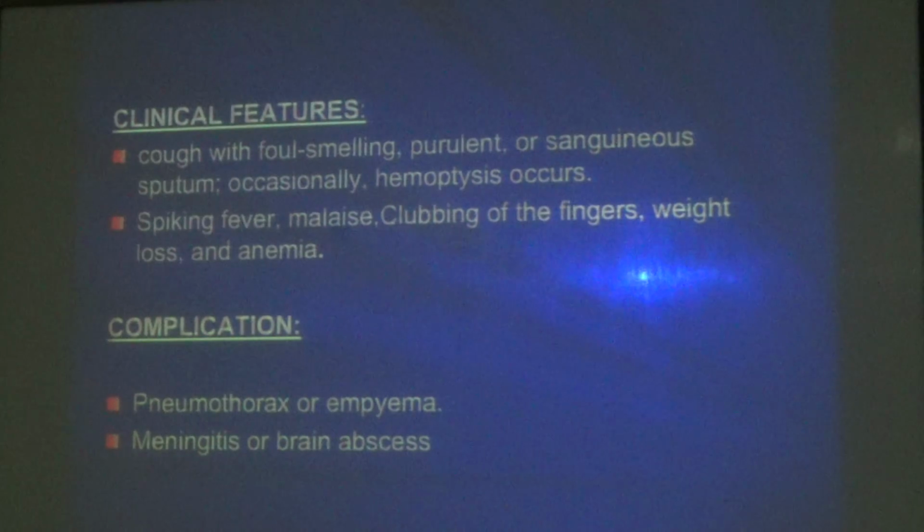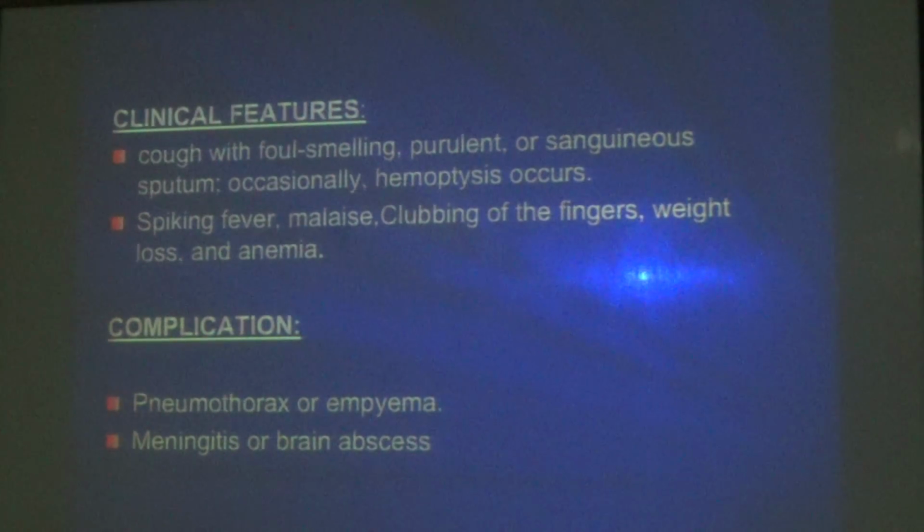Clinical features: cough with foul smelling purulent or sanguineous sputum, occasionally hemoptysis, spiking fever, malaise, clubbing of fingers, weight loss and anemia. Complications: the patient may have pneumothorax or empyema, meningitis or brain abscess.